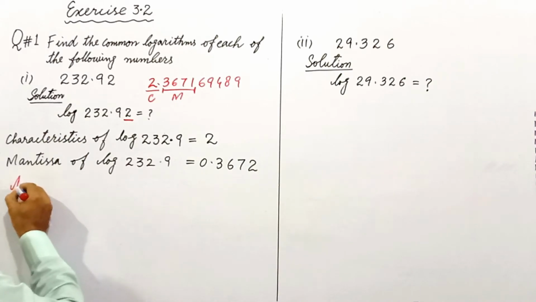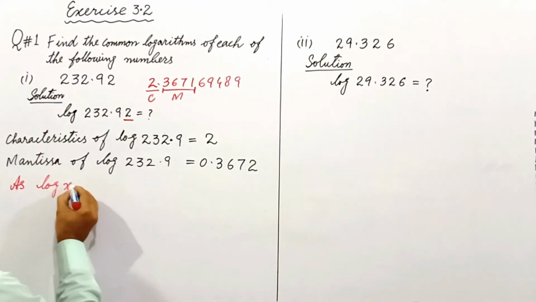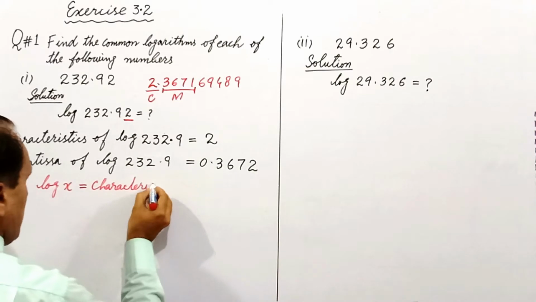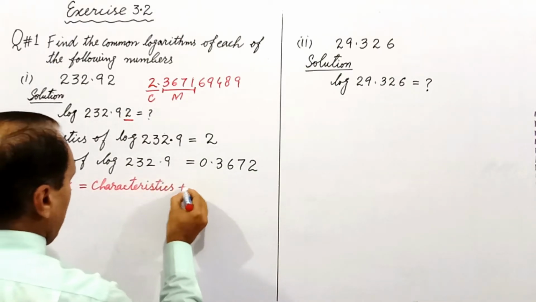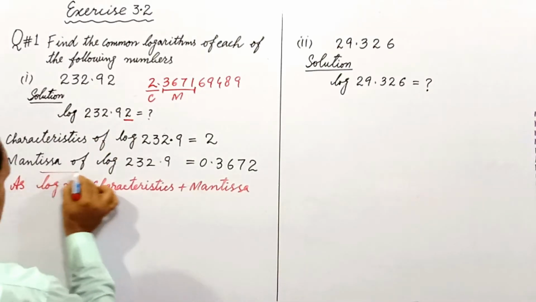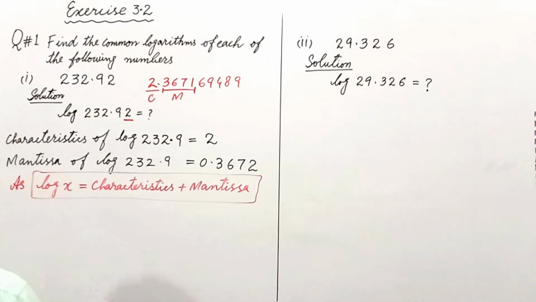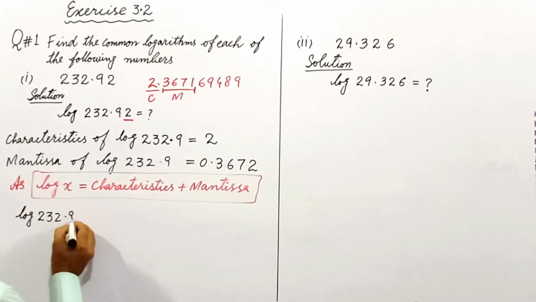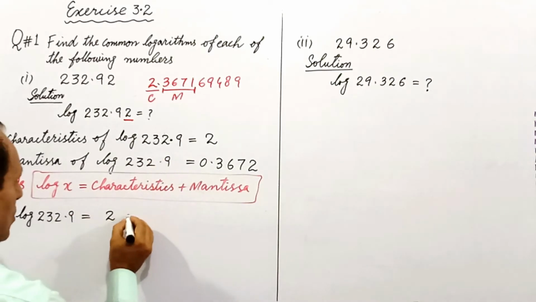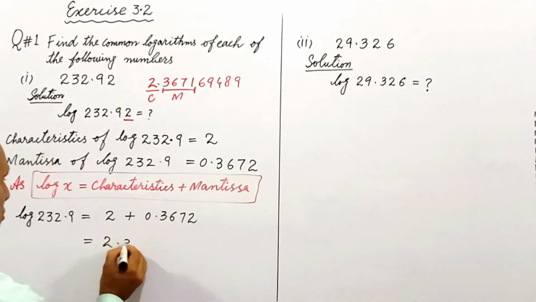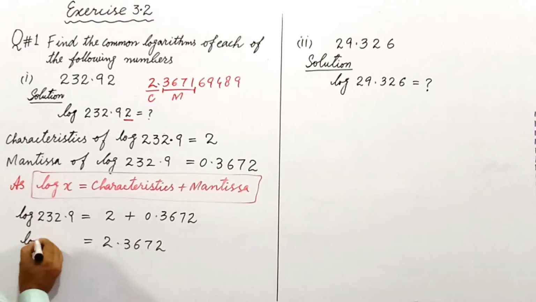As the log of any real number is equal to characteristic plus mantissa, by replacing values we have log 232.9 is equal to characteristic 2 plus 0.3672, so we have 2.3672 as the value of logarithm.